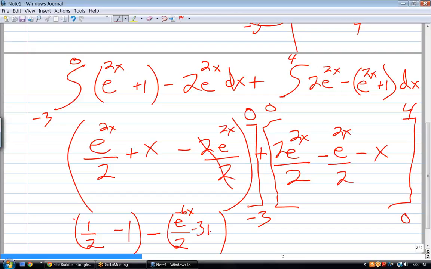Plus e to the minus 6, and it means 6x here, I'm not minus 6.